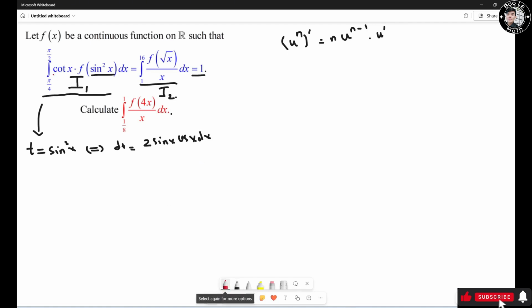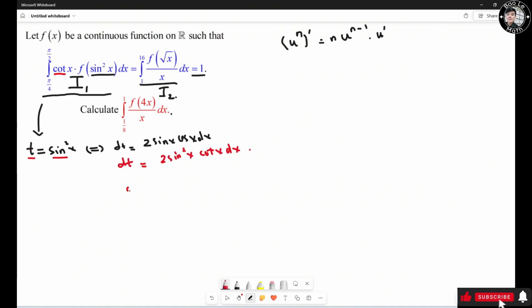Now in order to get cotangent s, I need to multiply the top and bottom by sine s. So this turns out to be dt equals 2 sine square of s cotangent s ds, right? Now since t equals sine square of s, I just replace sine square of s with t, right?